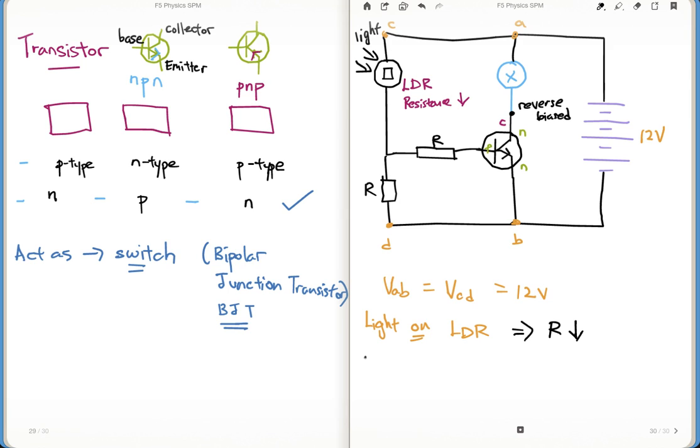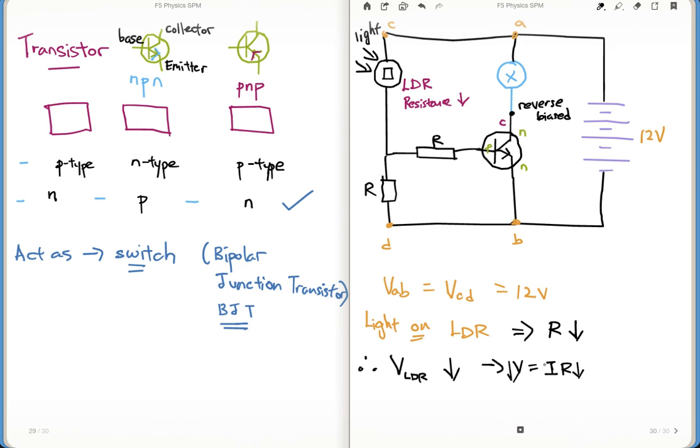Therefore, the voltage across the LDR will reduce, because of the constant current, based on V equals IR. If R reduces, therefore voltage reduces.